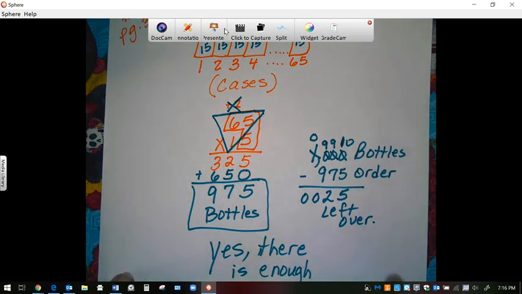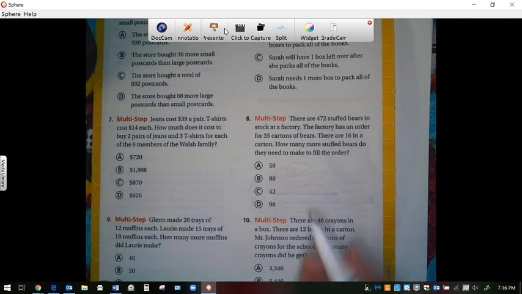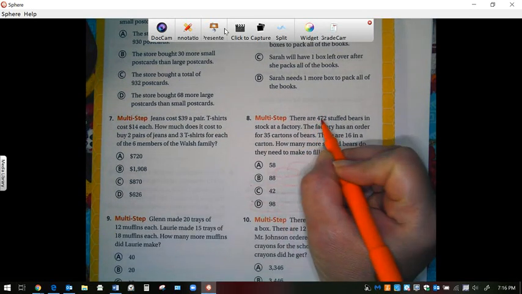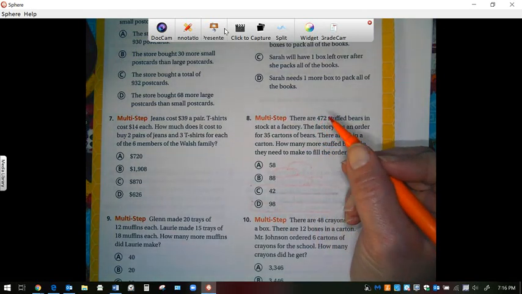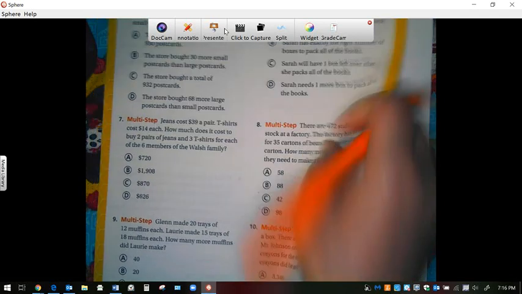Alright, so let's look at number 9 on the back. Number 9 says there are 472 stuffed bears. No, I'm sorry, number 9's over here.